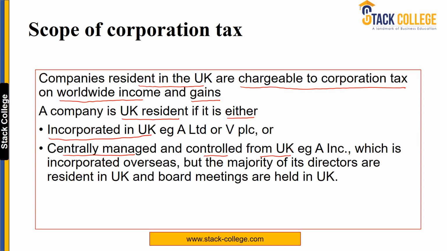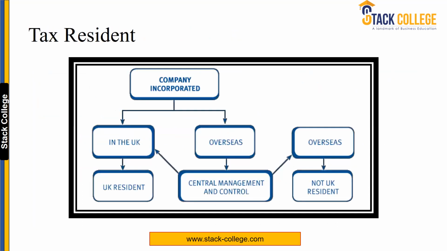So two things are important: one is the incorporation and the other is the central management and control. This chart will summarize this point. If a company is incorporated in UK, then the company is classified as a UK resident company.